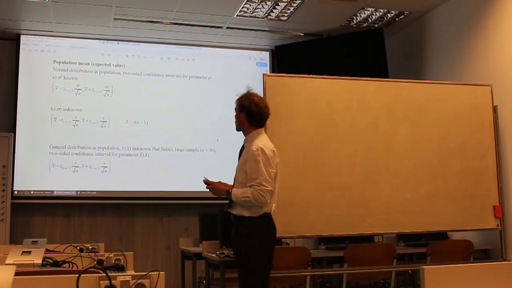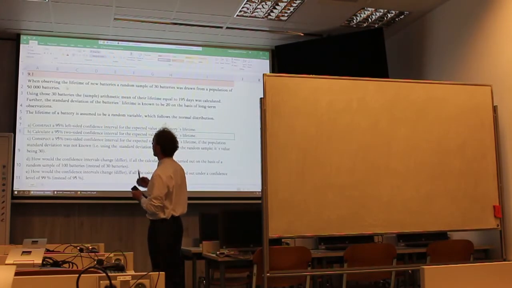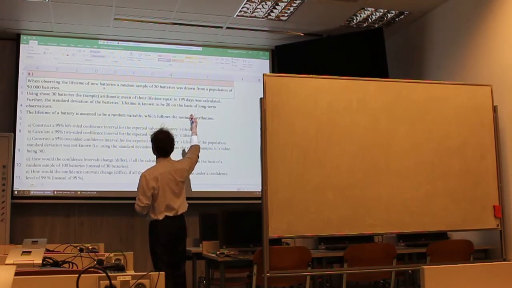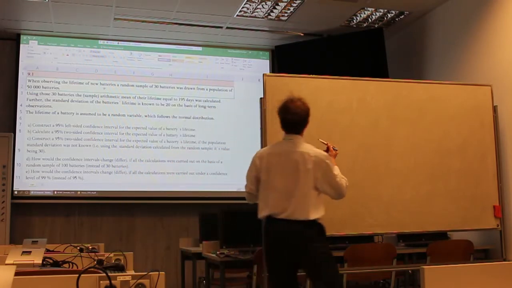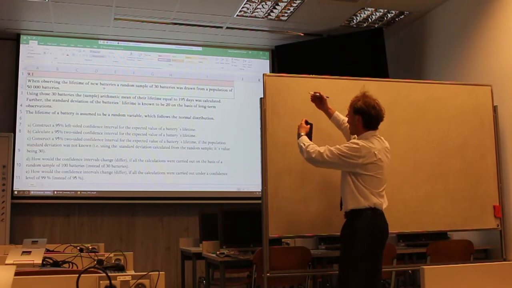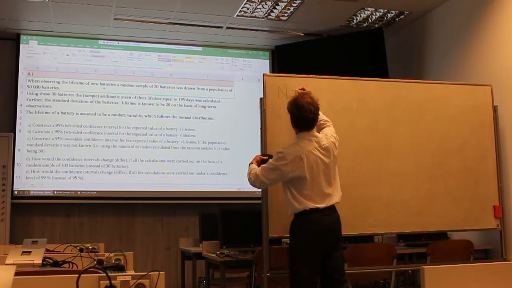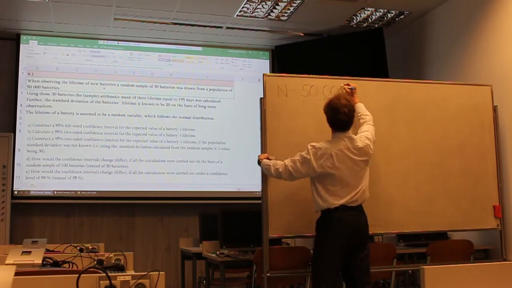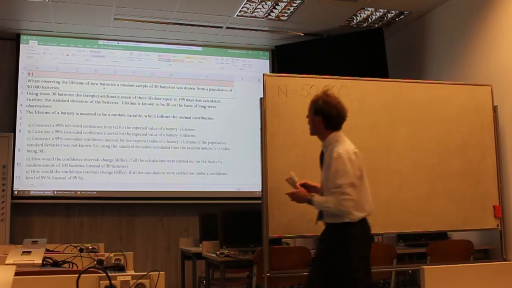So we will start with the first example. Example 9.1. When observing the lifetime of new batteries, a random sample of 30 batteries was drawn from a population of 50,000 batteries. So there is a large group, a population denoted by capital N equal to 50,000 batteries.